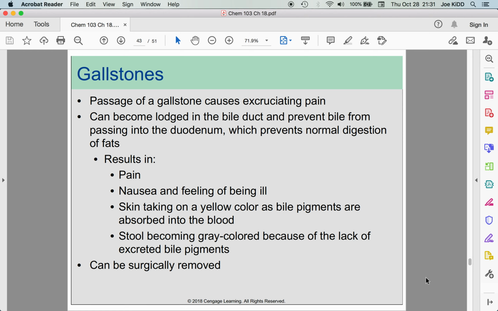Typically, when you have a gallstone, they just remove the entire gallbladder and not necessarily go in and take out just the stones. It would depend on the individual and the circumstances surrounding the gallstones.